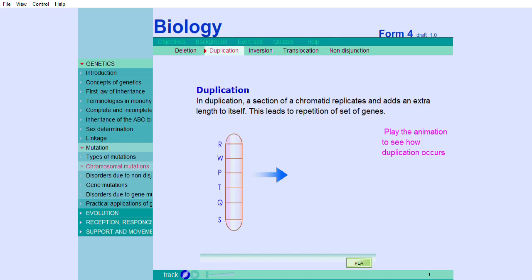Duplication. In duplication, a section of a chromatid replicates and adds an extra length to itself. This leads to repetition of a set of genes. Play the animation to see how duplication occurs.